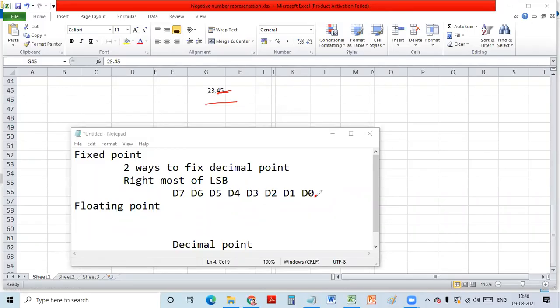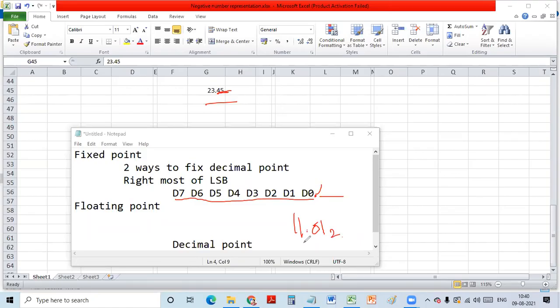So in fixed point notation, if my decimal point is fixed after the LSB, on the right side of the least significant bit, it means all the bits on the left side of this decimal point correspond to integer values. All the bits on the right side correspond to the fractional part. For example, if my number is something like 11.01, how do you calculate the corresponding decimal?